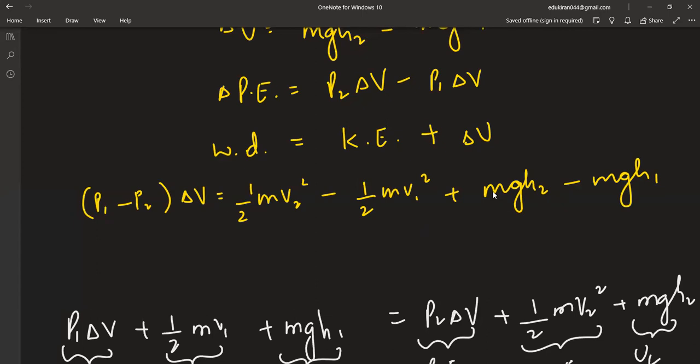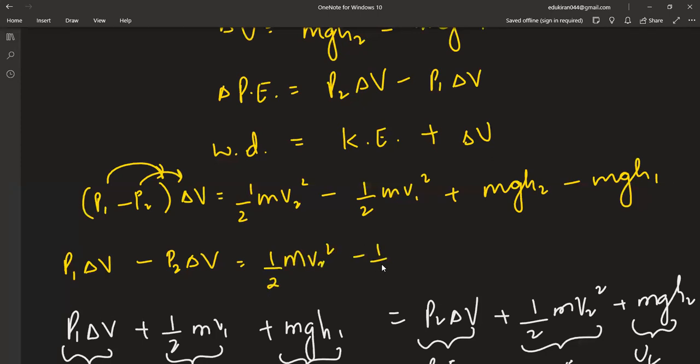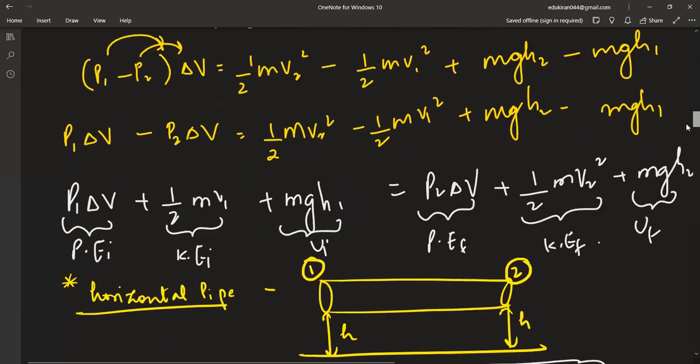Let's just rearrange the terms. Let's open this bracket and multiply it with delta V. So we get P1 delta V minus P2 delta V is equal to half m V2 square minus half m V1 square plus mgh2 minus mgh1. Now look, can we relate it?